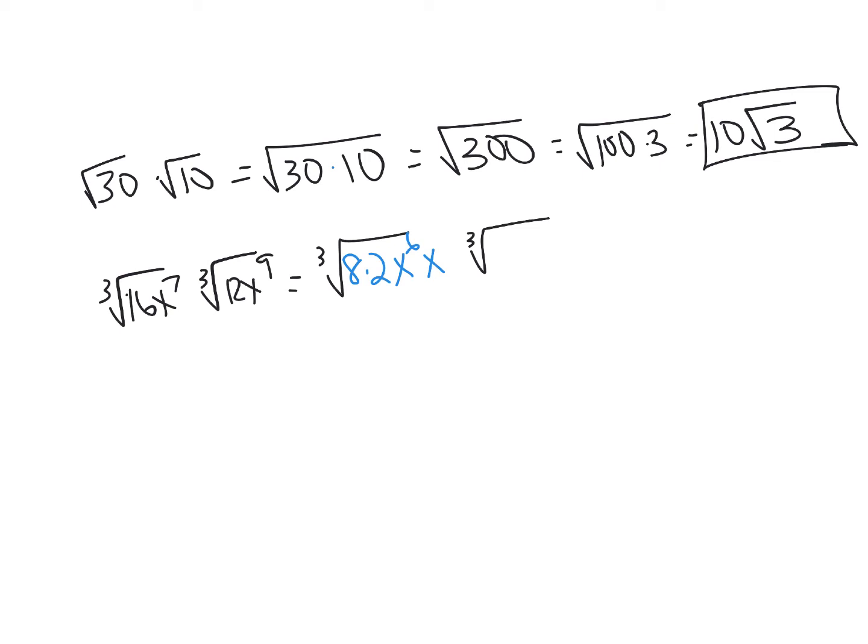Let's do the same thing on this side. We'll cube root for 12. Well, that's just 6 and 2. Neither one of those is a cube root, nor is 4 or 3. So let's just keep that at 12 for now. We have x to the 9 cube, which we could simplify easily by taking 9 and dividing it by 3.